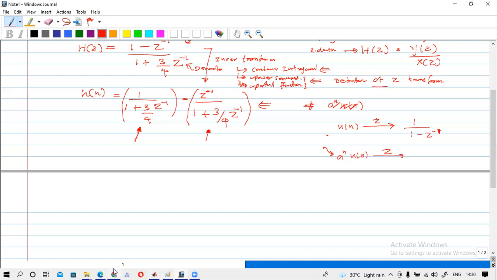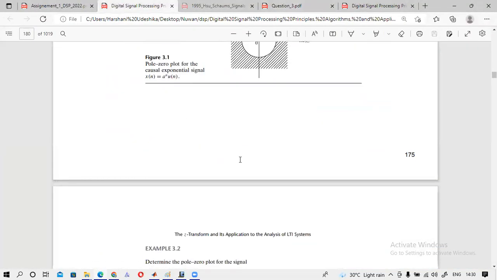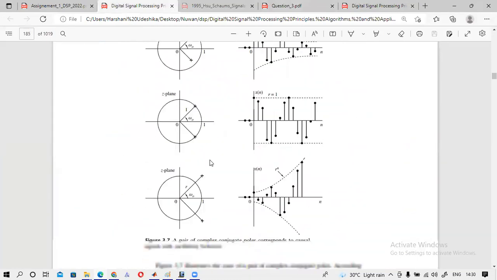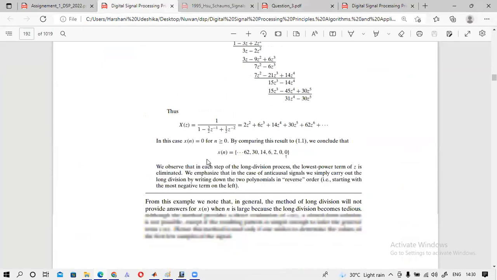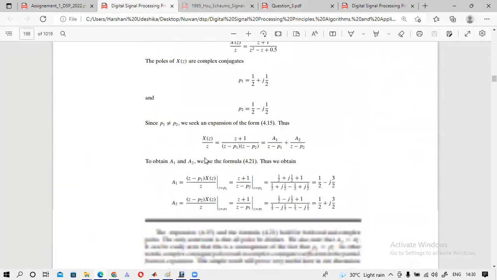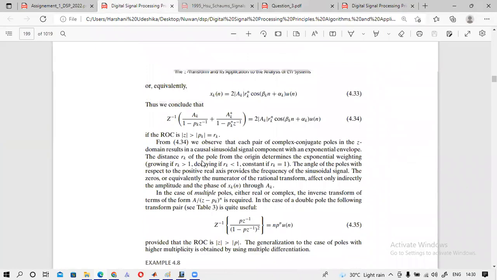I will show you the property list. If you can remember, you can tell me. Can you remember that we have a property table in our notes? Is that one?